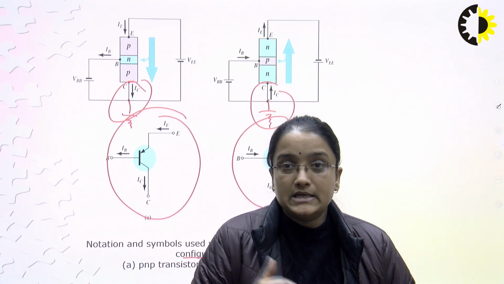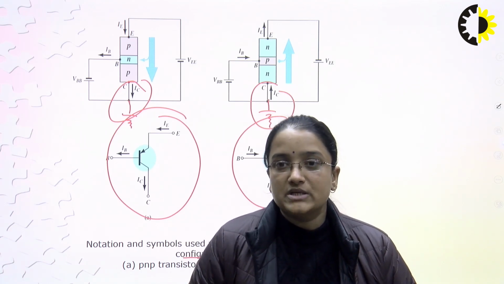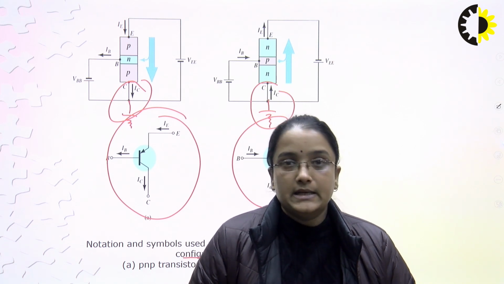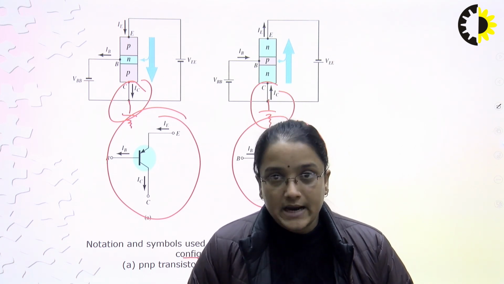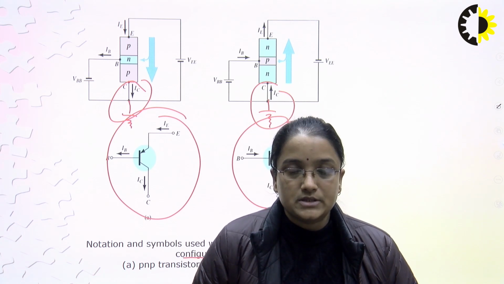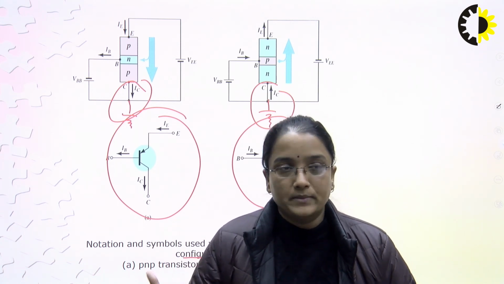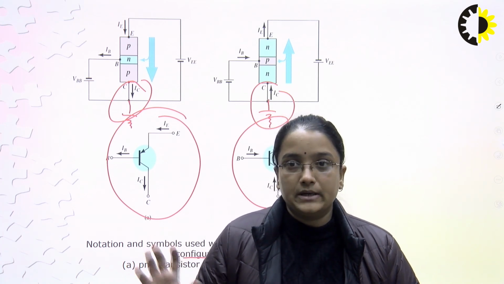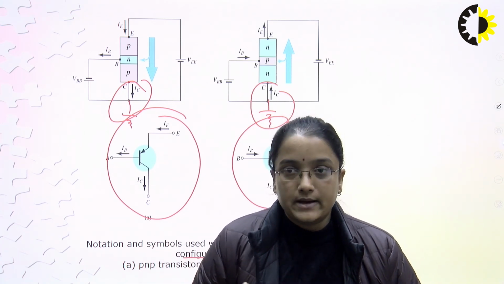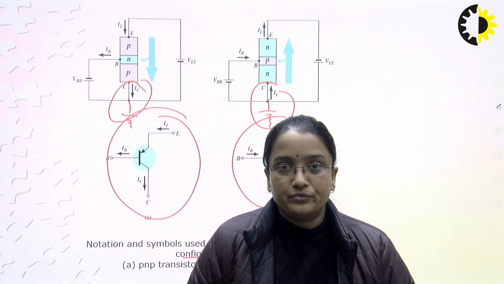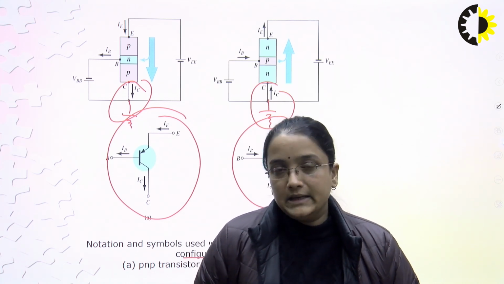Then its transistor operation, that is how it works in forward bias and reverse bias conditions. The next one, which is the most important category, is its configurations: common base, common emitter and common collector, in which we have depicted their circuits and their symbols.